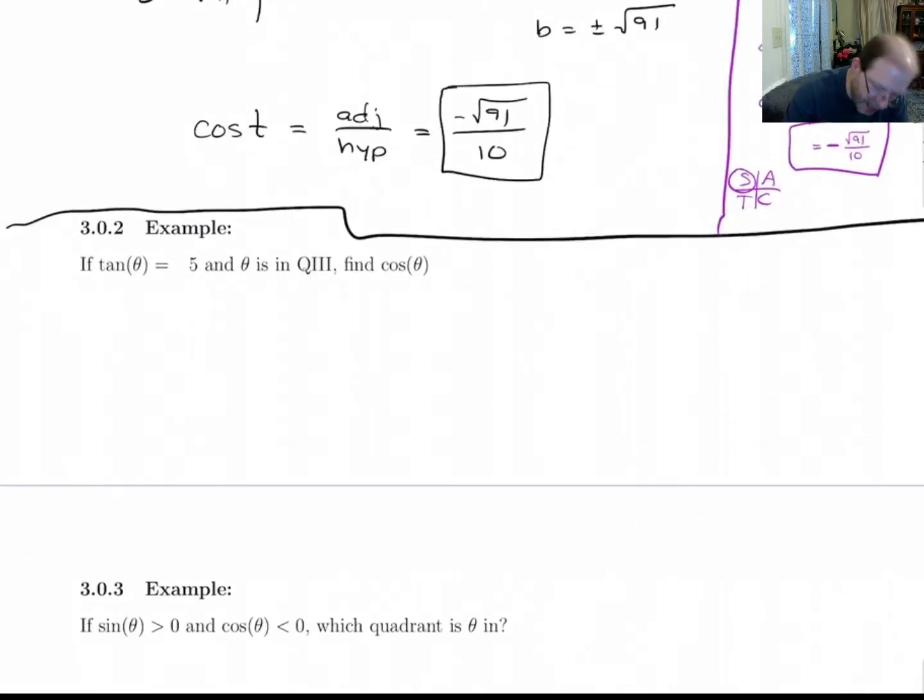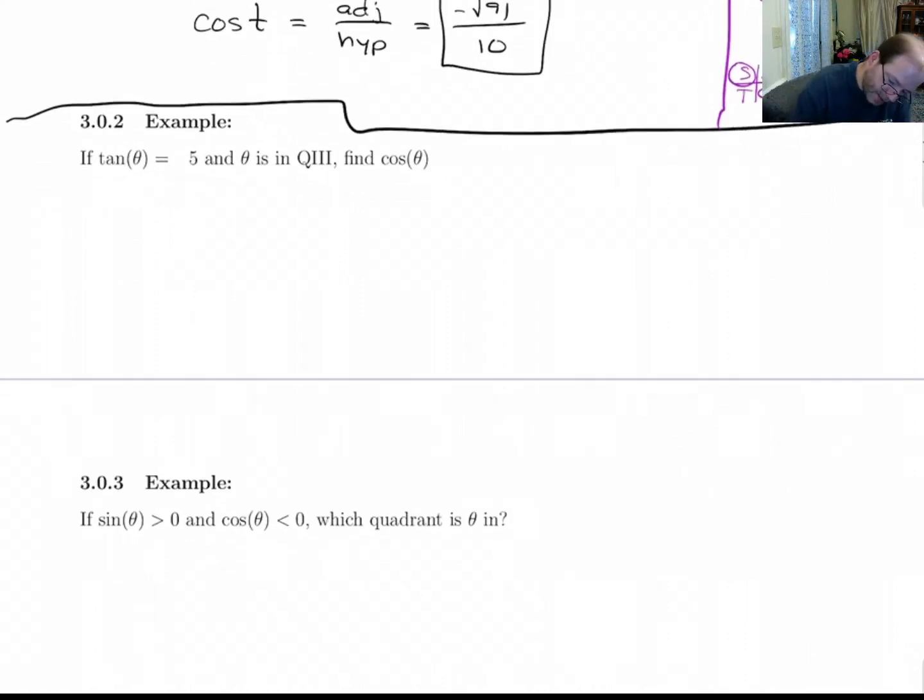Let's do this next one. I want to do this one the same way, drawing it out in the quadrant and then also just doing it the cheap way. All right, so tan theta is 5, and tan is opposite over adjacent.